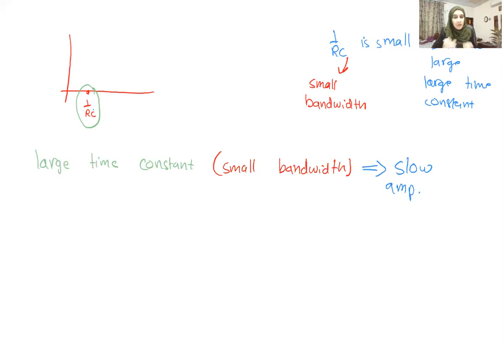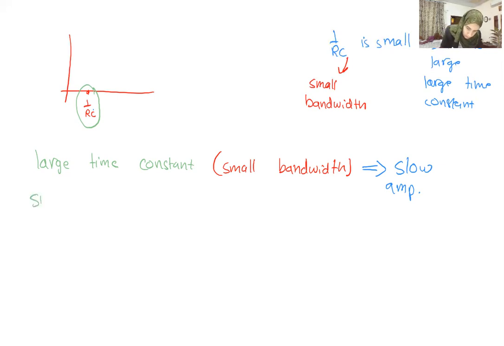Okay, so now this means if I need to have a fast amplifier, meaning I need to have a small time constant, I require my amplifier to have a large bandwidth. Let's summarize this point again.